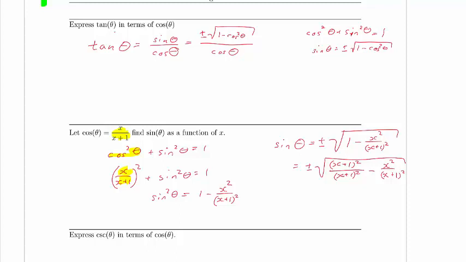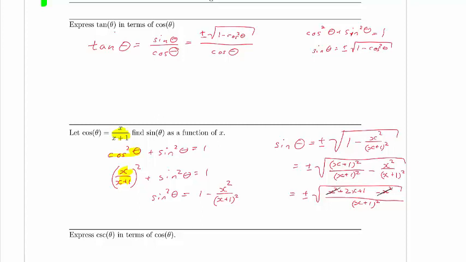And so we'll clean this up, like so here. And this is all over x plus 1 quantity squared. And so you can kind of see where this is going.